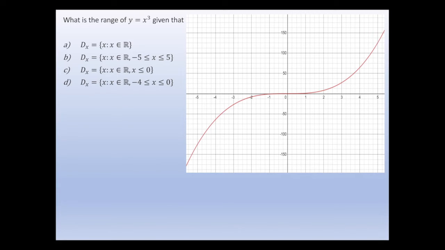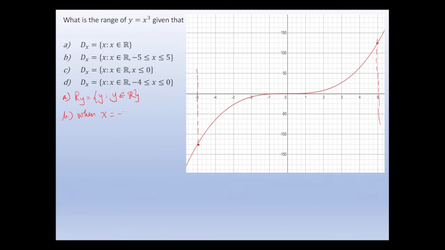But first, let's have a look at the range of y if x is in the real numbers. So you can see that there's no restriction. So for part A, the range of y, or range of f(x), is y such that y is an element of the real numbers. Now part B, let's have a look. For part B, we are looking at x from -5 to +5.